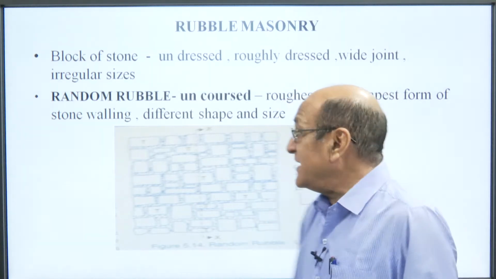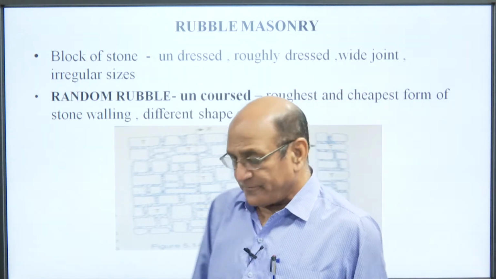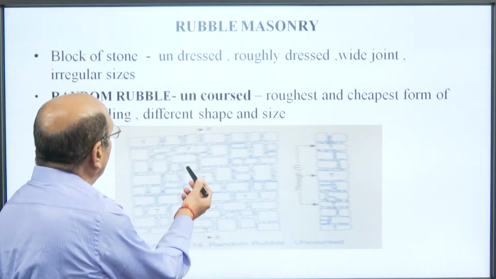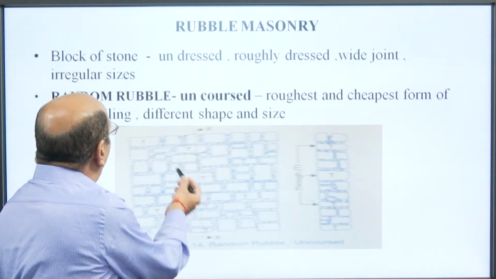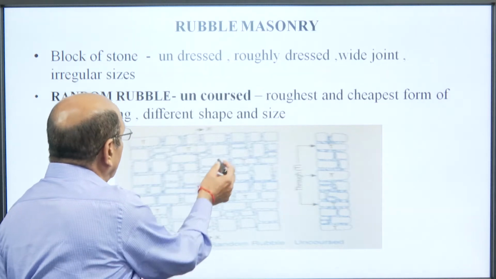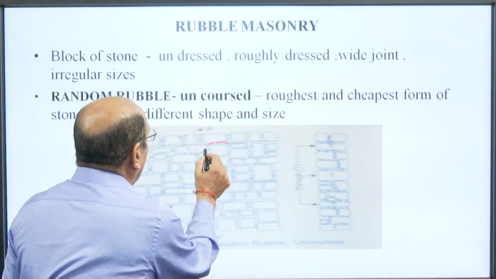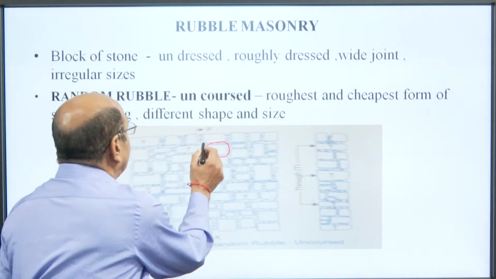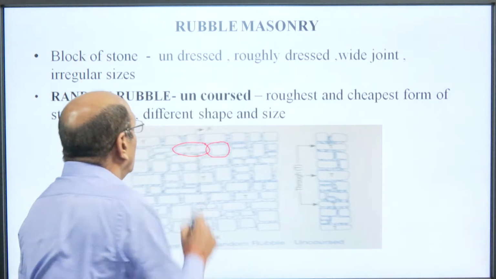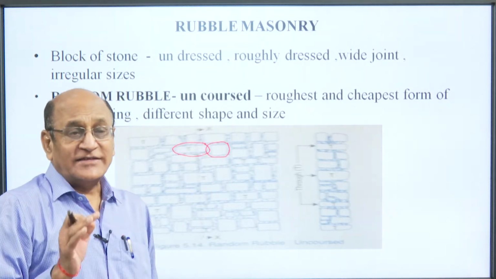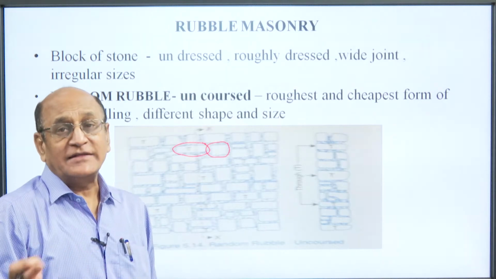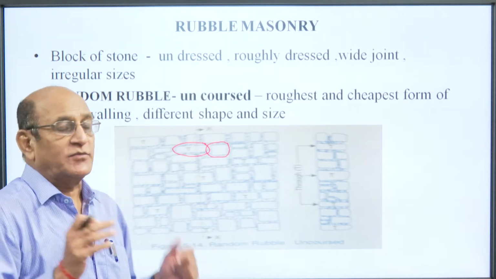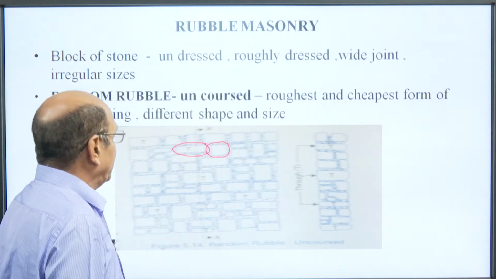We can see in this drawing that each stone is of a different size. This is a through stone, meaning these through stones, when put in the masonry, cover the complete thickness of the wall. So it is called through masonry.